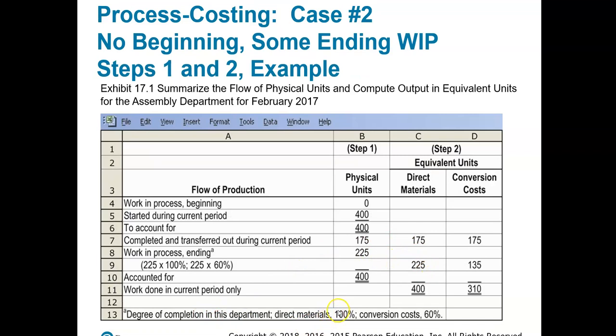Remember, the ending units for February were 100% complete for direct materials, 60% complete for conversion costs. So let's look at that 225 that we did.